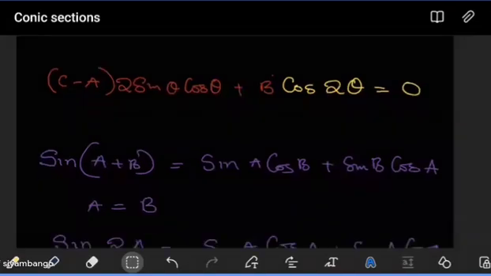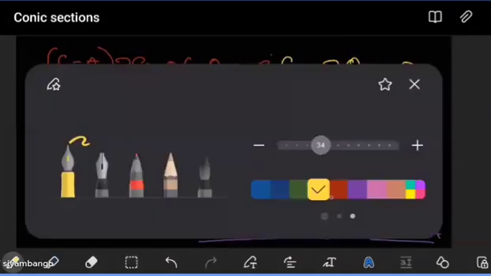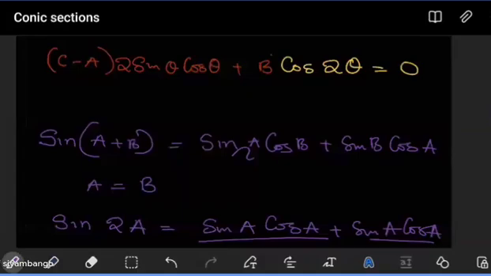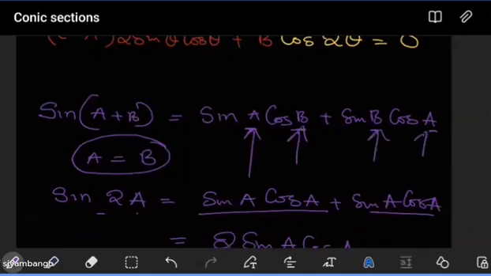But then I also say that the double angle identity for sine says that sine A plus B is equal to sine A cos B plus sine B cos A. In the same way, if A and B were the same, meaning this is now A plus A, which is 2A, the identity reduces to sine 2A being equal to sine A cos A. In the same way here, it will be sine A cos A.